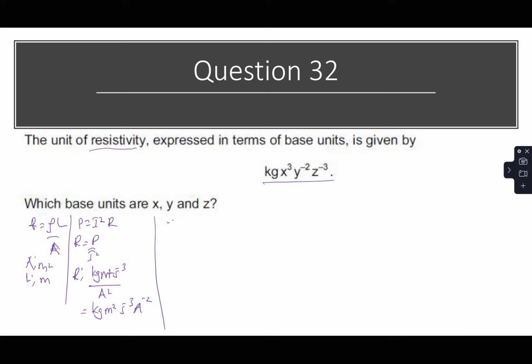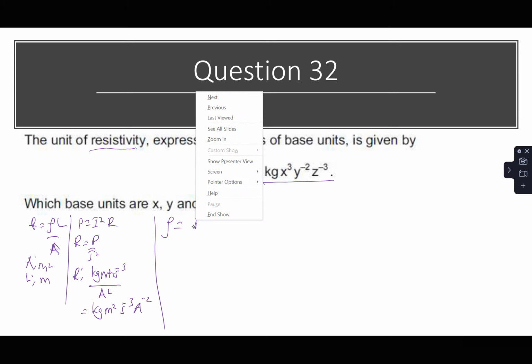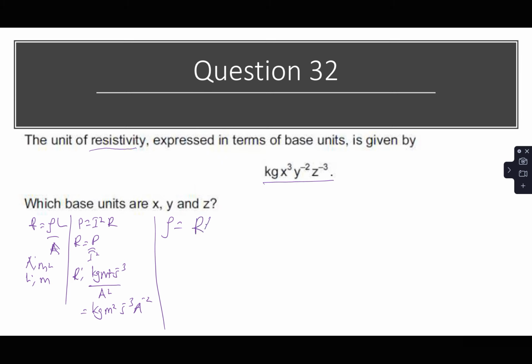And we saw that resistivity is R times cross-sectional area divided by L. So the base units of resistivity are kilogram meters squared per second cubed per ampere squared times area, which is meters squared, divided by L, which is meters.